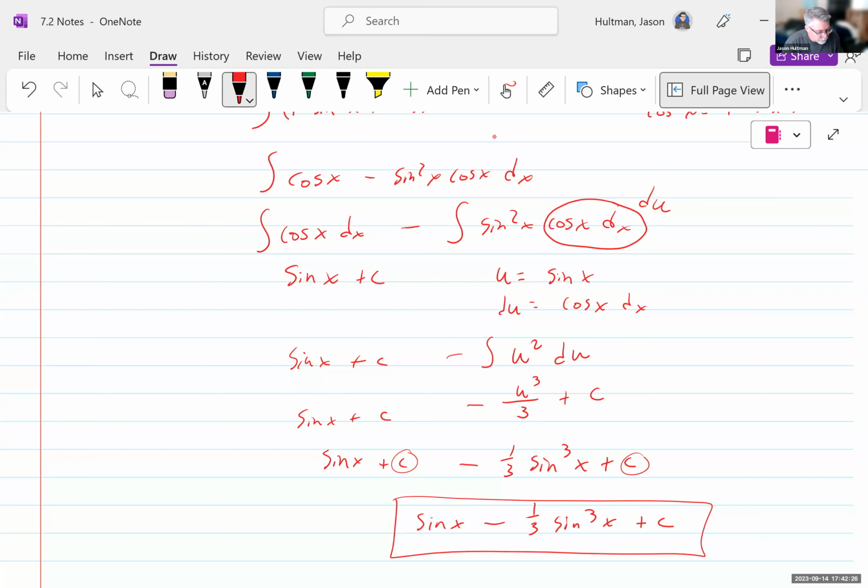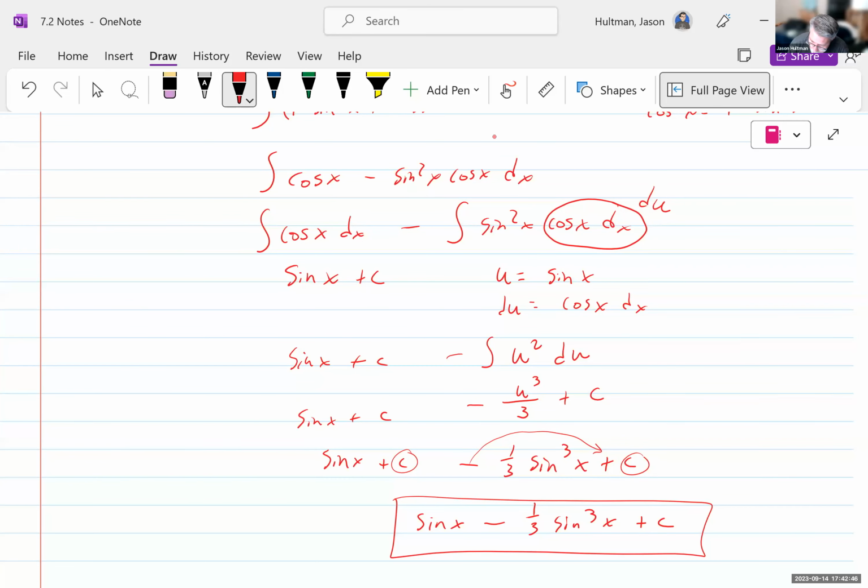Professor, why doesn't the negative go to the c? Oh, it can. If you really want to, it can. But what if c was already a negative number? Wouldn't it make it positive? So it really doesn't matter.